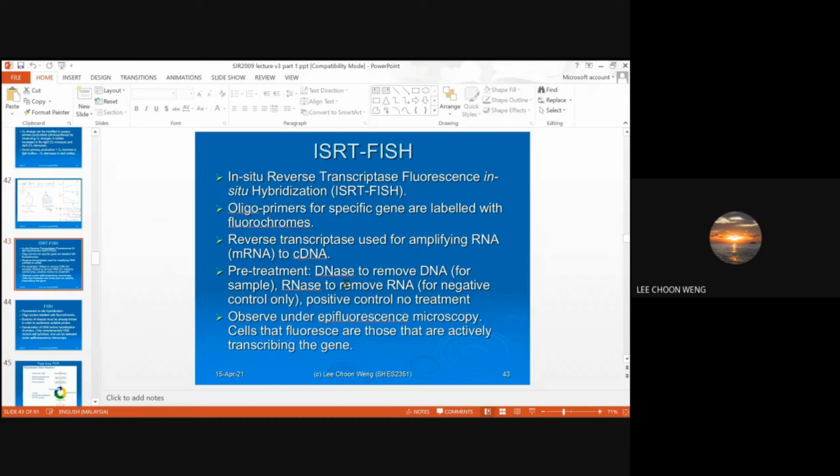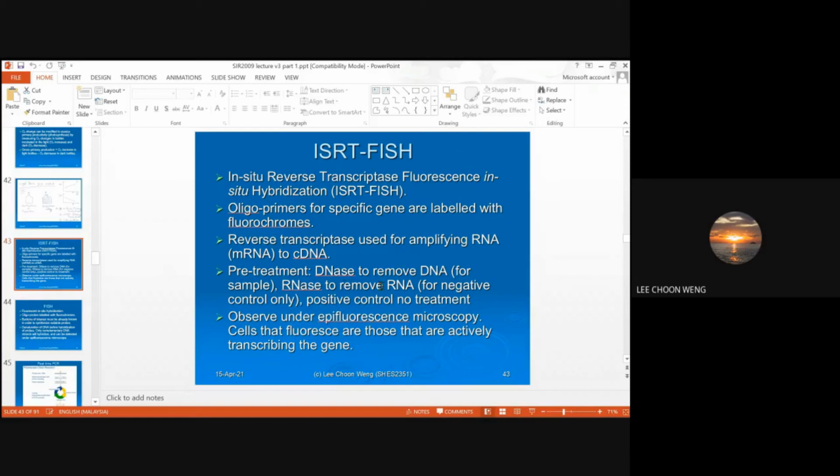So once you obtain the RNA, there is always a reverse transcriptase step where you have to amplify or change your RNA into cDNA. That is always a step that you have to do.